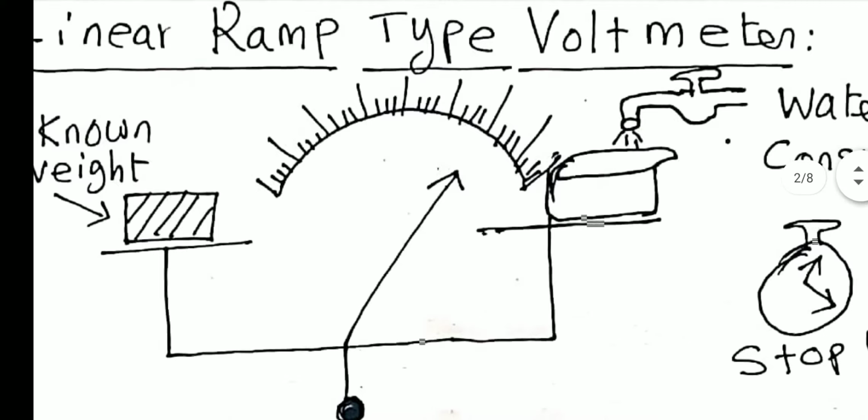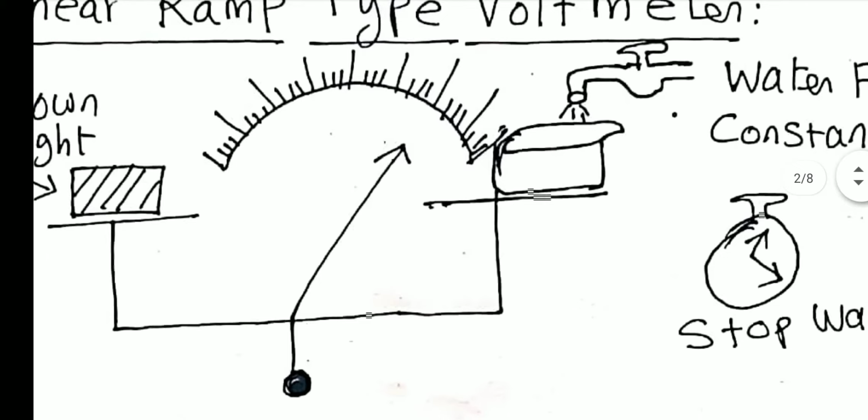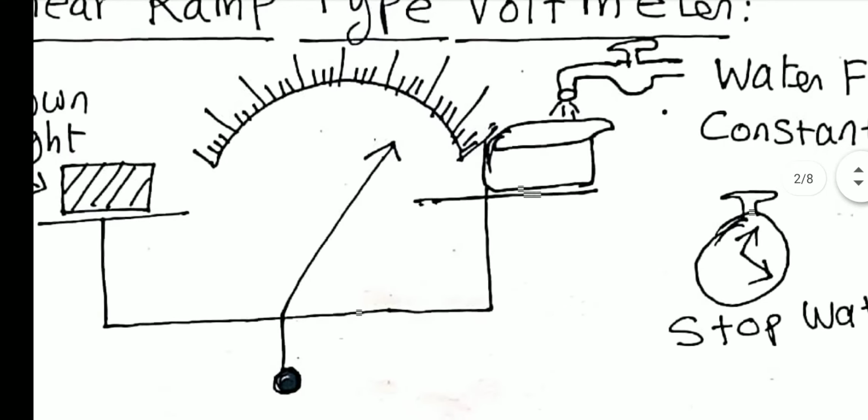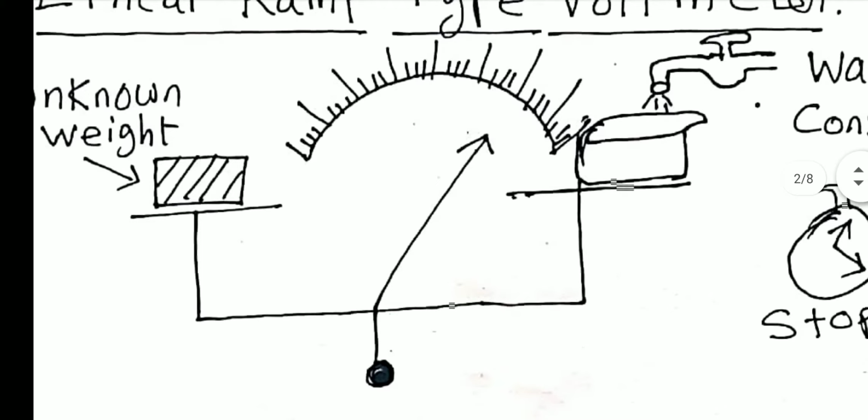Now, using the balance, we measure with a stopwatch the time taken to balance the unknown weight by this variable weight. Starting from the empty vessel, the time taken to balance the unknown weight is measured.